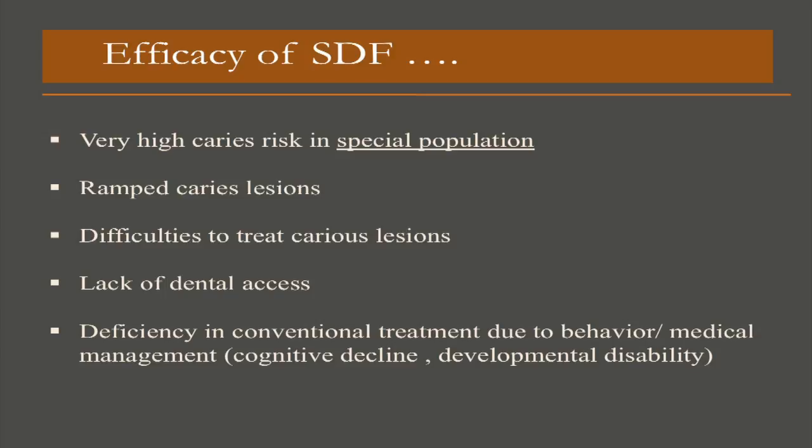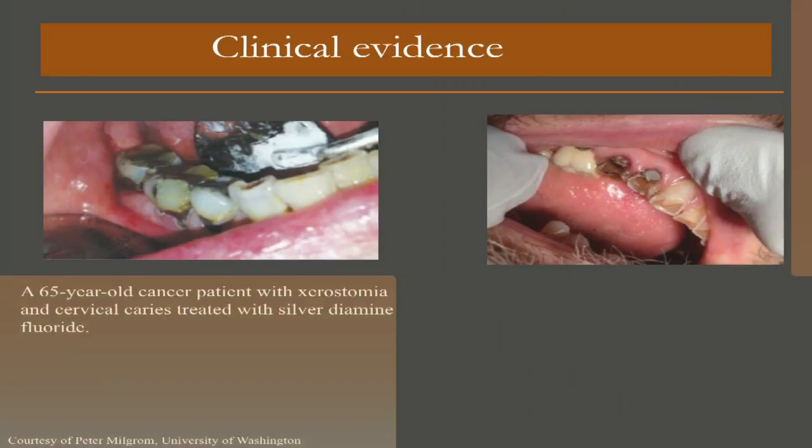That includes patients with cognitive decline and developmental disabilities. Here is one of the best examples of the application of SDF. This case is a 65-year-old cancer patient with severe xerostomia and cervical caries treated with silver diamine fluoride.